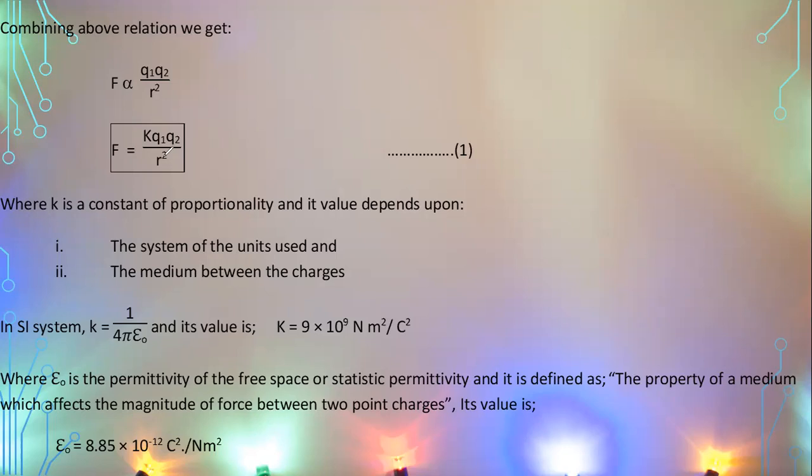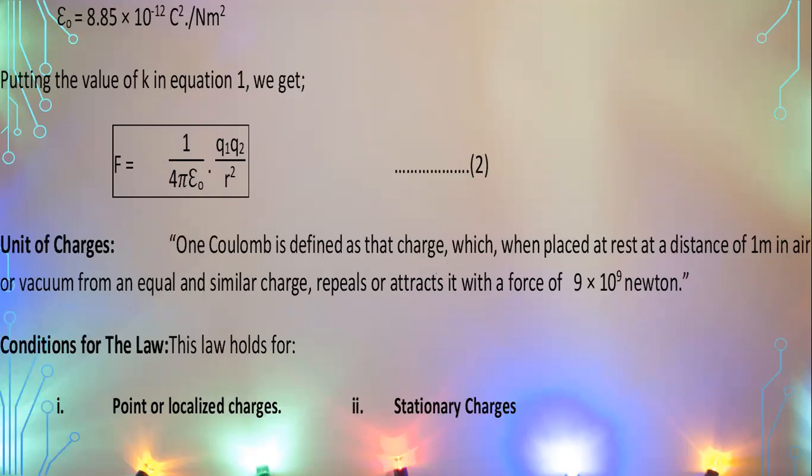Now moving on to the next. It is epsilon naught, that is 8.85 multiplied by 10 to the power minus 12 Coulomb square per Newton per meter square.